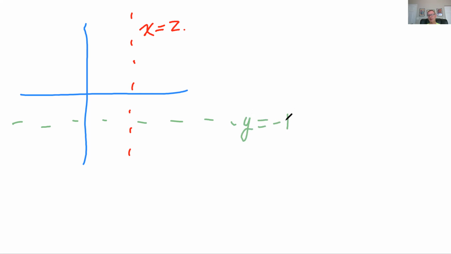And what it does is it kind of splits the whole graph in an up and down style direction, where there could be a line above the horizontal asymptote and then a line below the horizontal asymptote. And so what we're going to do in this lecture is explain to you how to calculate it.